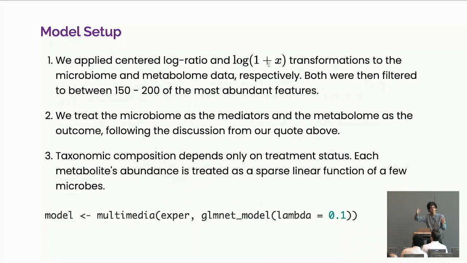I want to see how much of that change in the metabolome is attributable to changes in the microbes. In reality, there's probably some sort of more complicated feedback loops going on, like some metabolites influence the microbes, and microbes also produce metabolites, but I'm just trying to see how much we can explain in this one direction. Okay, this is the code.